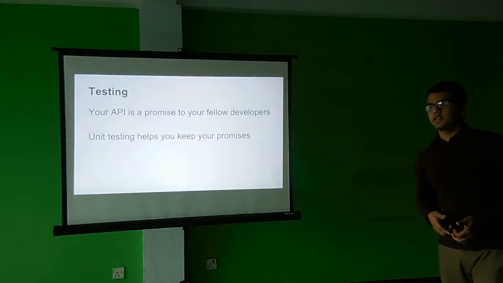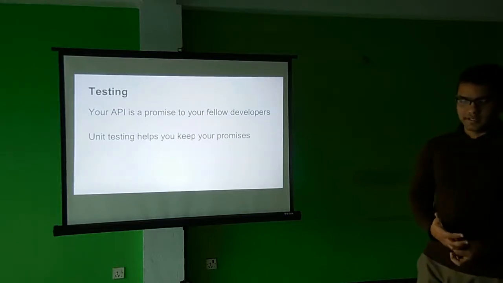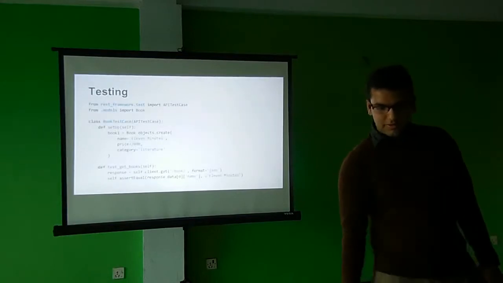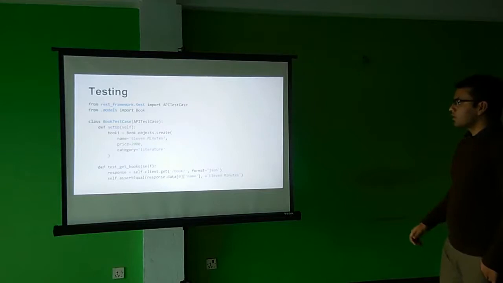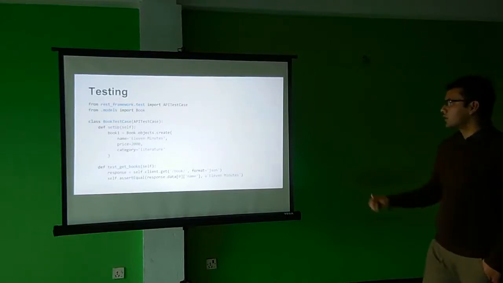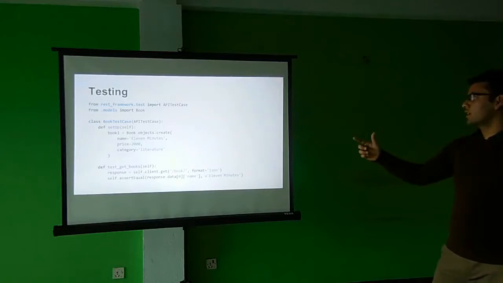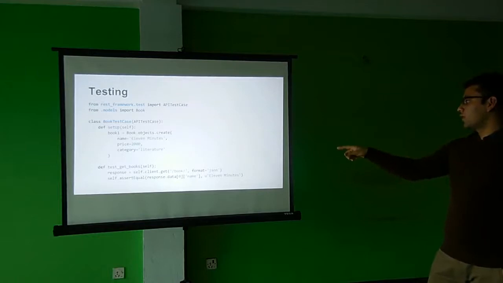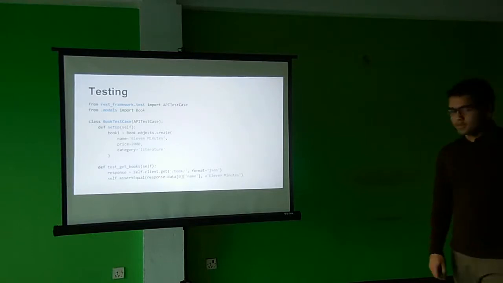While running unit tests, if the test case passes, then we know that the API works. So there is a simple test for the API that I showed earlier. In the class BookTestCase, we create a book and then we check the response, whether the first object in that response is exactly the same as the one we created earlier.